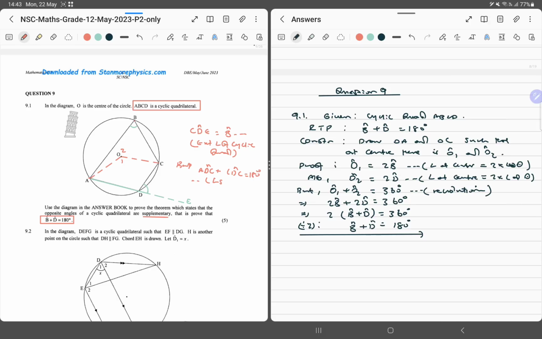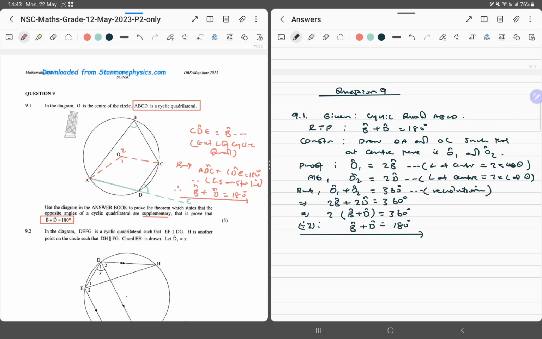What is this? Angles on a straight line. Therefore, since we said angle B is equal to CDE, we can say therefore angle B plus D is equal to 180 degrees.